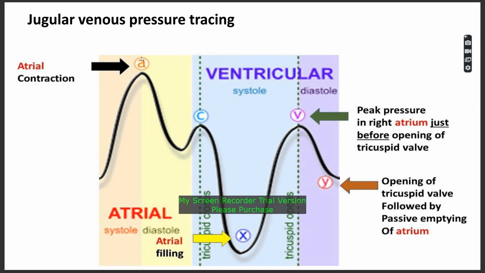Then in the ejection phase, blood is pumping from the ventricles to the aorta, and the atrioventricular valves bulge into the atria, so that gives out a C wave, and this is atrial filling.